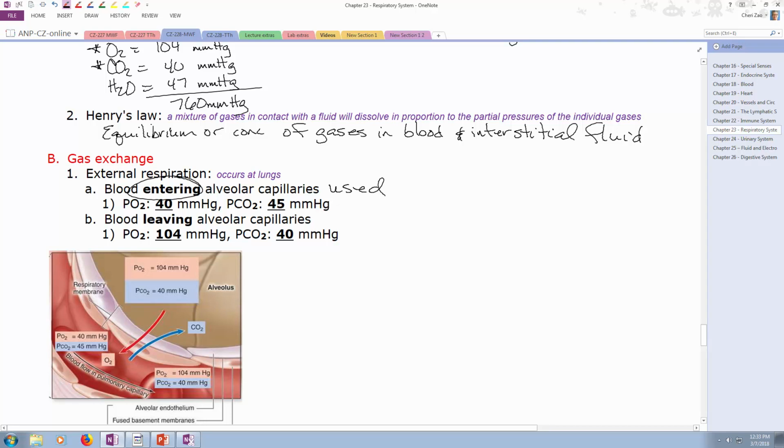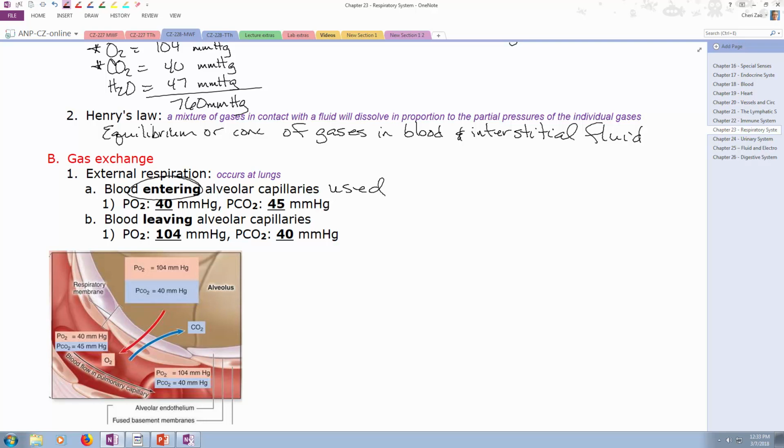And so this used blood, we've sucked a lot of oxygen out of our blood, correct? That's what this indicates. But what's really interesting is our PCO2 of our used blood is 45, but of fresh blood or fresh air is 40. So as far as the carbon dioxide differential, it's not very big.